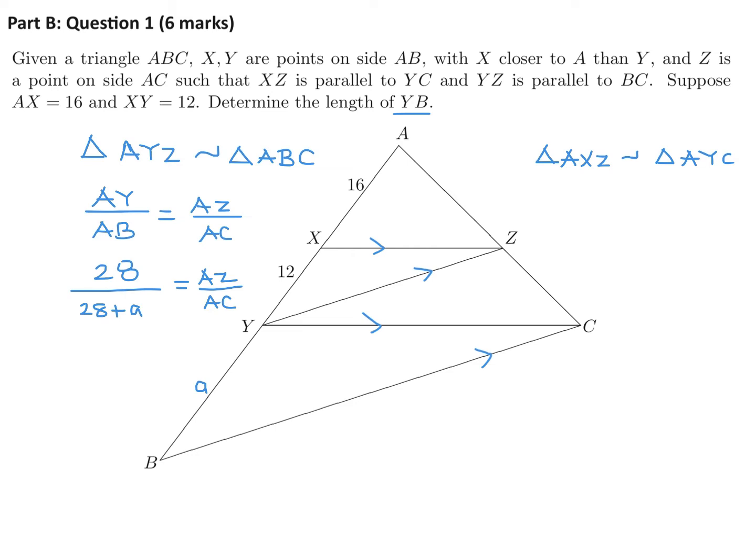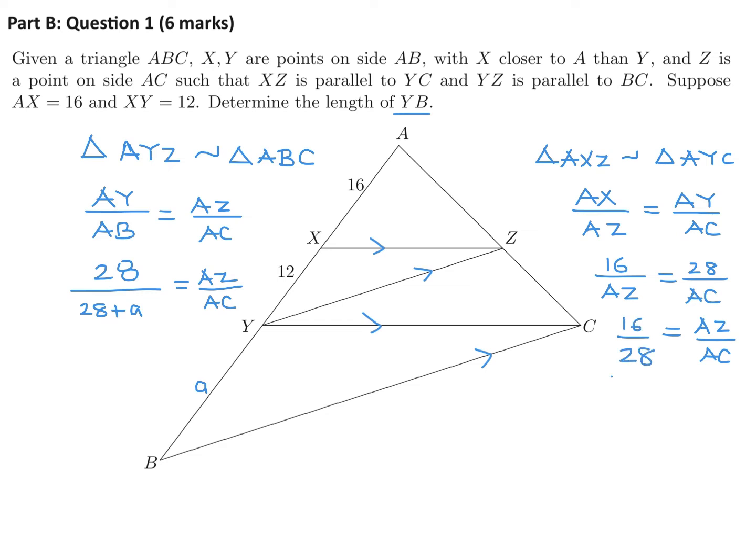So from that relationship, we get that AX over AZ is equal to AY over AC. So AX is 16, and we have AZ. AY is 28 over AC. And therefore, if we mix this around a bit, we get AZ over AC is equal to 16 over 28.